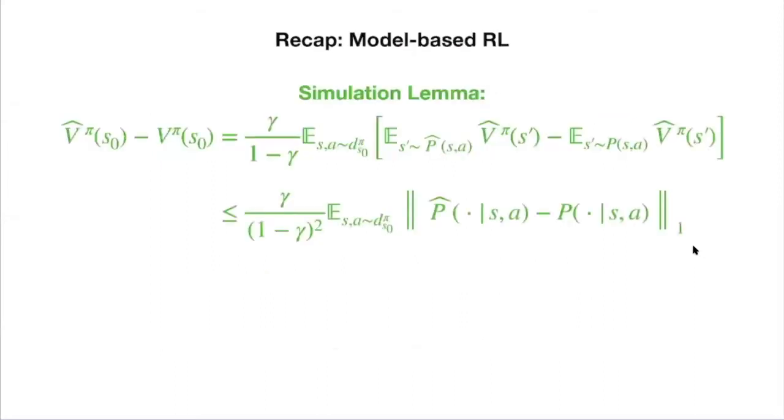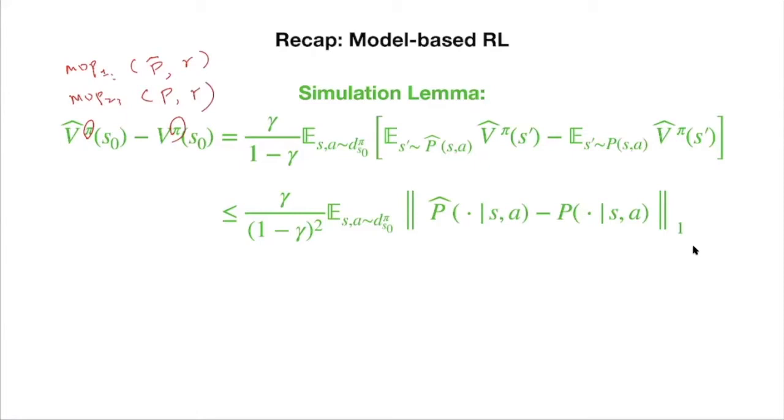Okay, so let's do a quick recap on what we covered last Thursday, where we talked about model-based reinforcement learning. We talked about this important result called the simulation lemma. It basically says that if I give you a fixed policy pi, but I have two Markov decision processes: MDP1, which has transition probability P prime and reward function R, and MDP2, which has transition P and R. So P hat and P might be different.